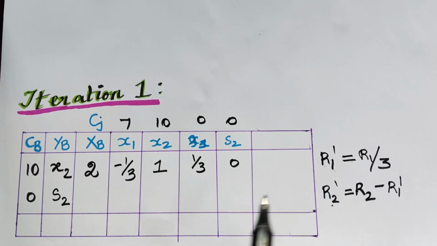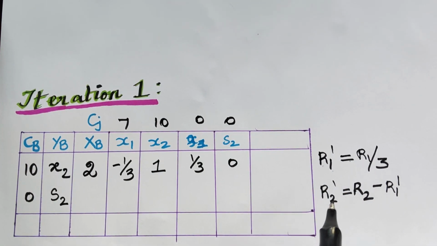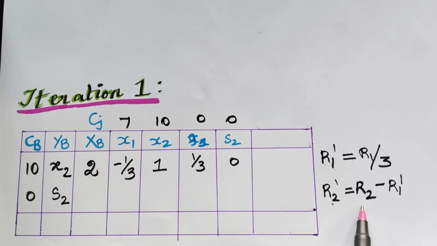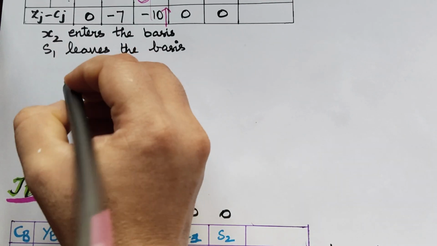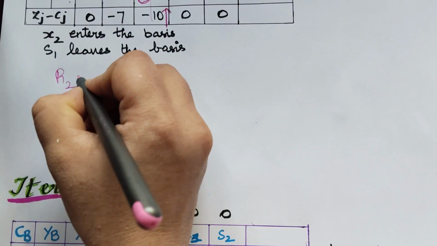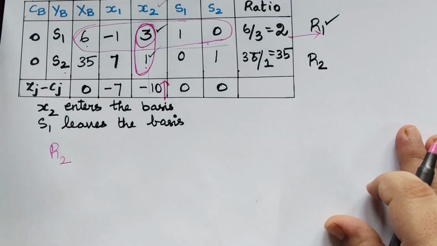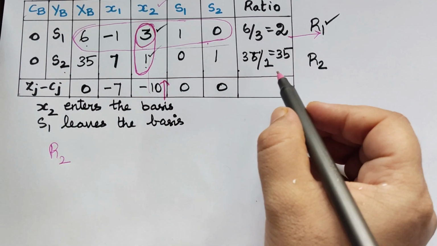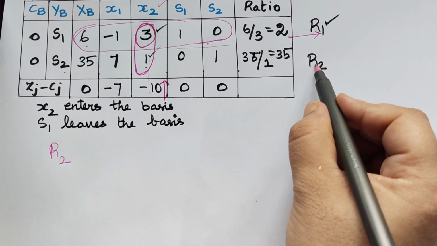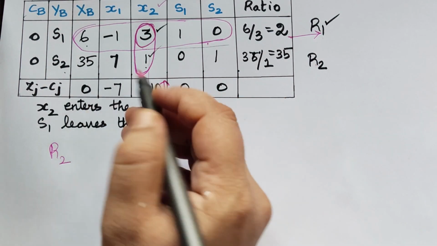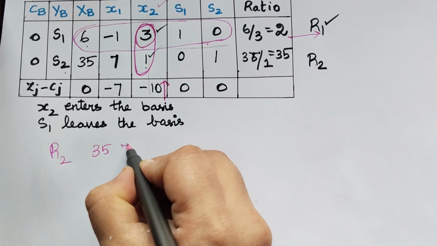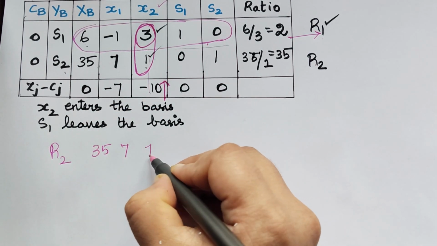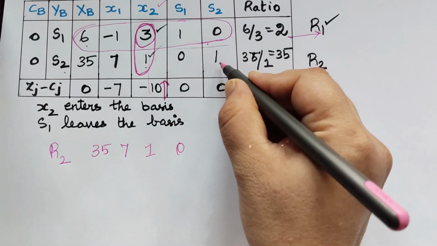The next step is we have to find R2 dash. Now what is R2 dash? It is R2 minus R1 dash. So let us do this operation separately and we will check. First we will take and write the elements of R2. What are the elements of R2? That is the equation from this. This is R2. So first we have 35. So that we will write. Then 7 and then 1 and then 0 and then 1.